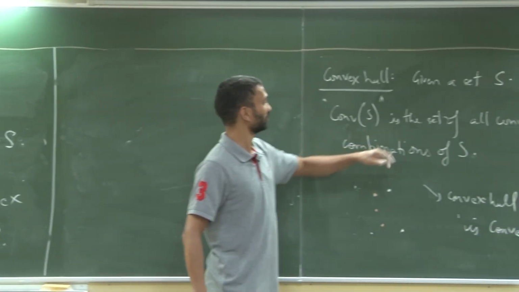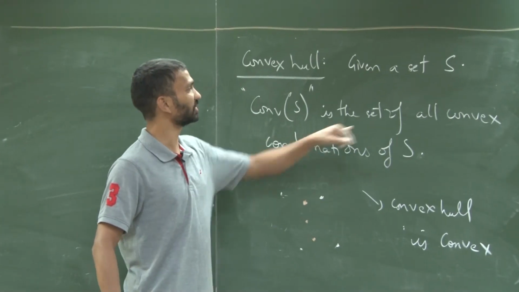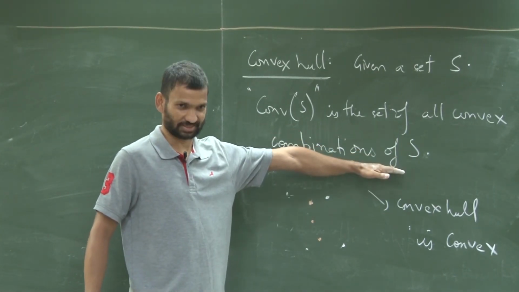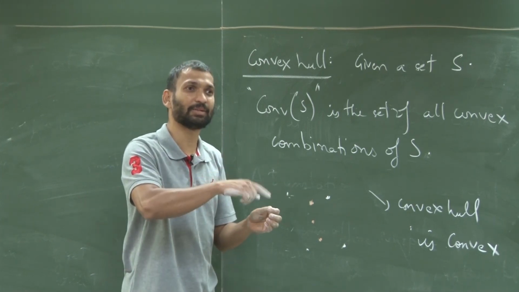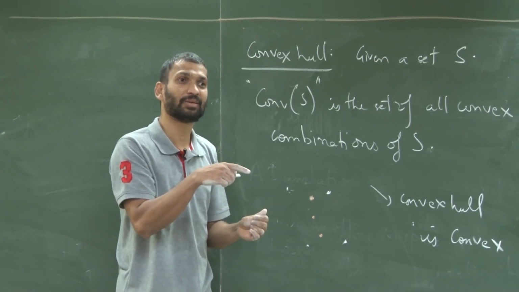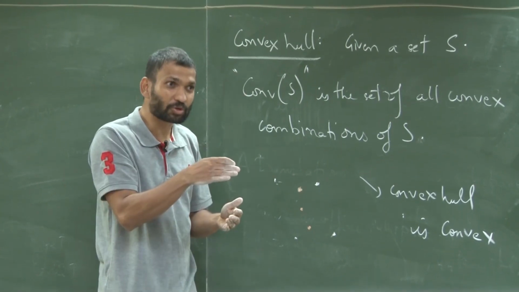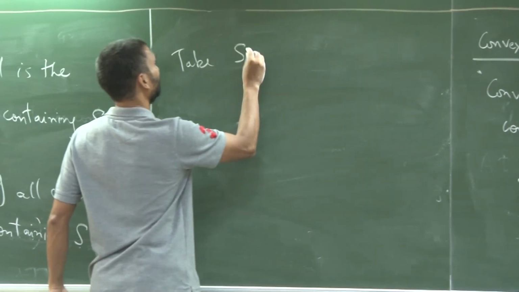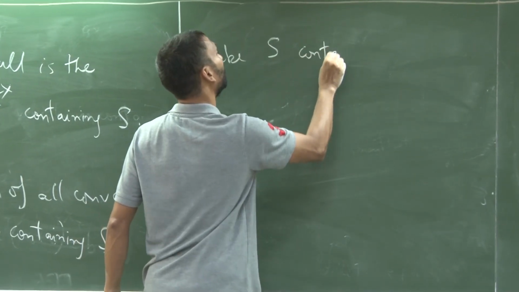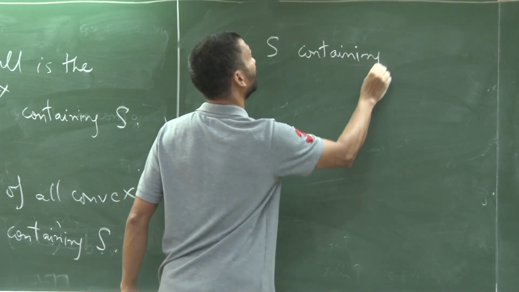So think of any set which contains S. Now it contains S. It's a convex set. That means it will contain all the convex combinations of S. Oh, sorry.